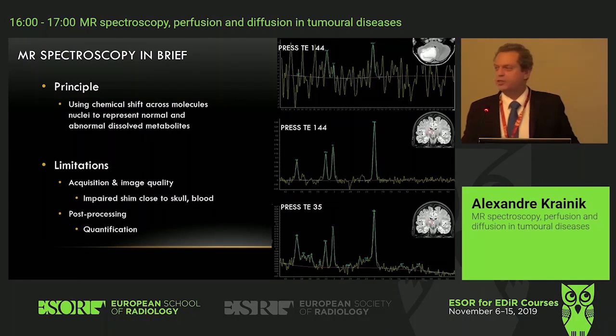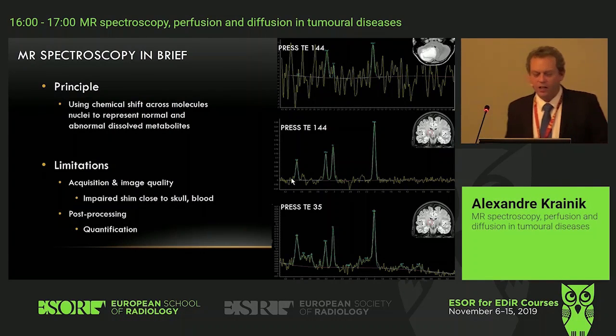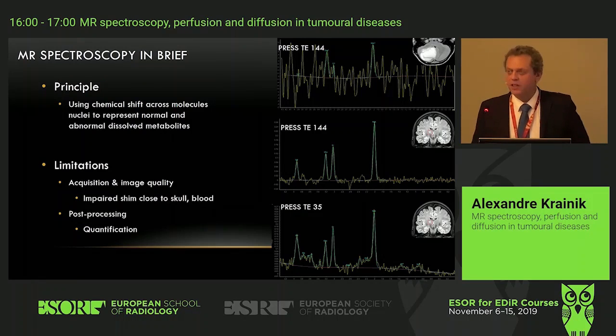Okay, what about spectroscopy? Spectroscopy uses the difference across chemical shift. The chemical shift across the nuclei within different molecules will change with the environment to represent the normal and abnormal dissolved metabolites.